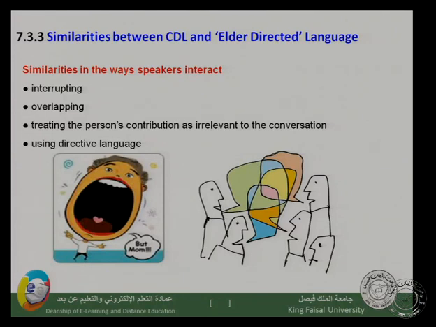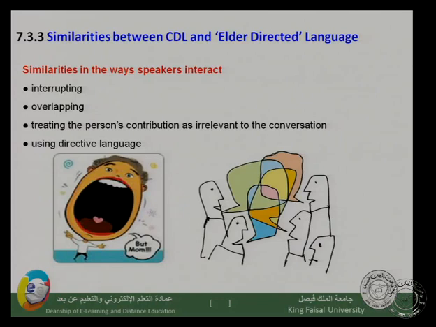Again, both of them would use directive language. They use instructions, they use the imperative: do this, do that, be careful, close the door, open the window. Those sentences express imperatives, directives, instructions.